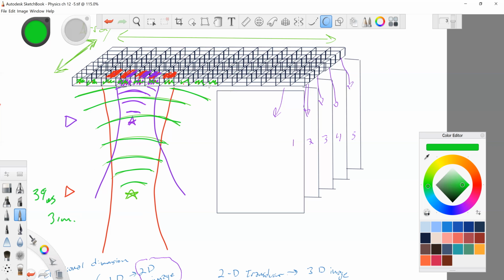Combine that with dynamic receive focus, and you get an even better picture. Whew, man, that is a hard concept to talk about, but I believe I did it. And my God, that entire concept is covered in 4 short paragraphs.